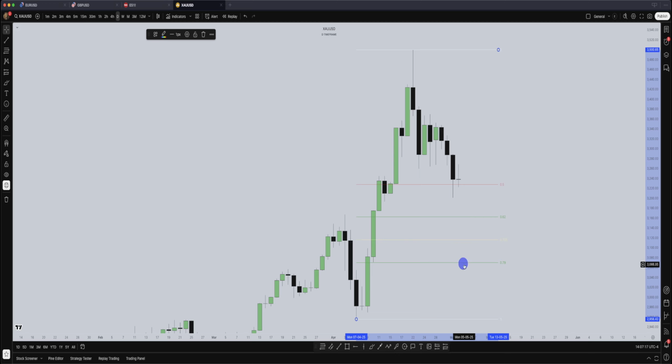Okay, and it has these levels 0.62, 0.705 and 0.79, which is the golden line. So this area between these two green lines, this is the optimal trade entry.